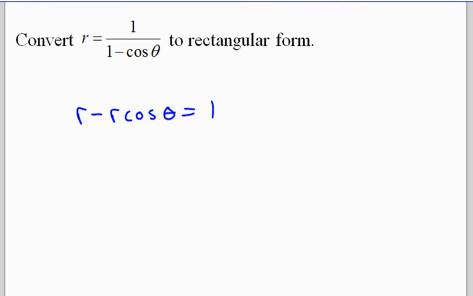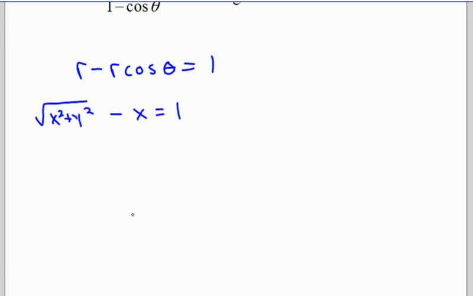Okay. Now, r cosine theta is just x. And then r, well, I know r squared is x squared plus y squared, so r should be the square root of x squared plus y squared. Look at that. And if I bring the x over here, I'll get the square root of x squared plus y squared equals x plus 1.